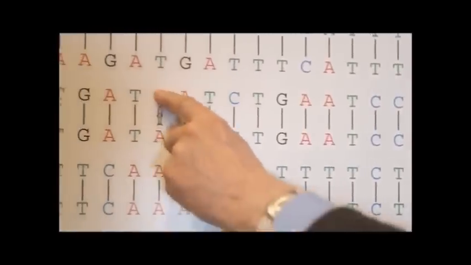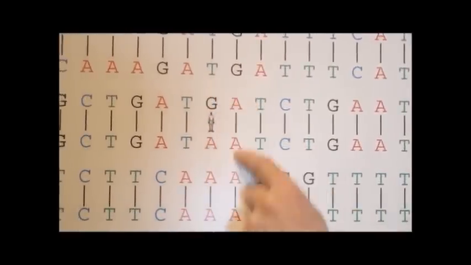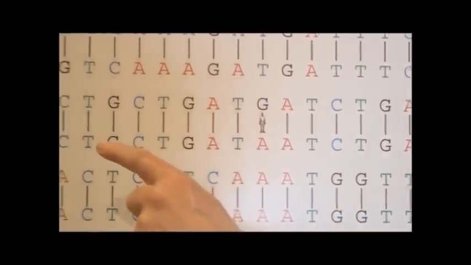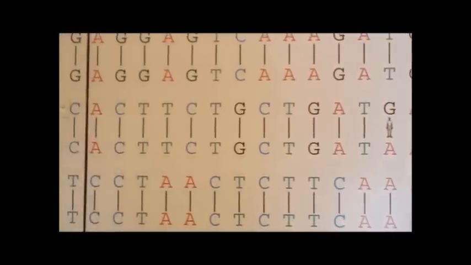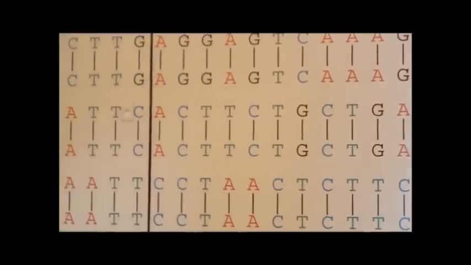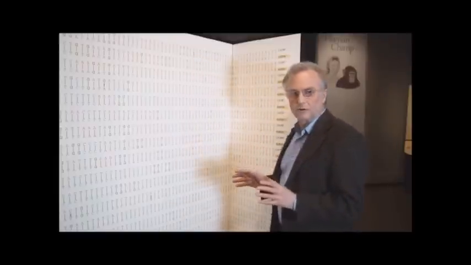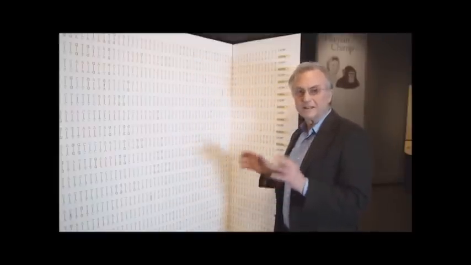Now we see another difference there, A versus G. Walk along, walk along, walk along, and there are no more differences in that whole row. Almost all of the human genome and the chimpanzee genome is identical. A tiny number of differences account for all the really quite large differences that we see between humans and chimpanzees.